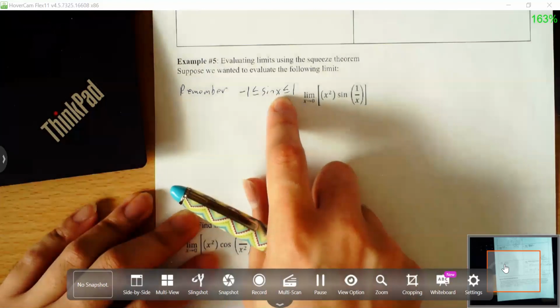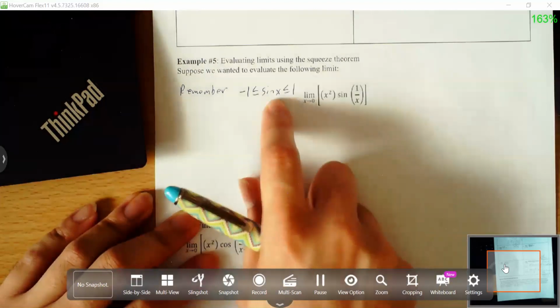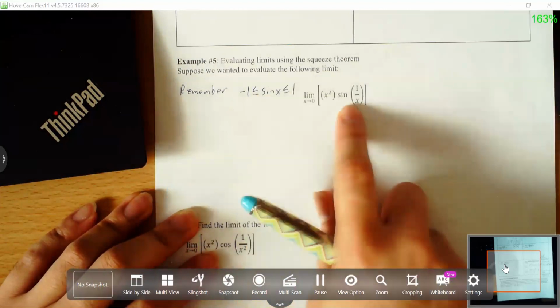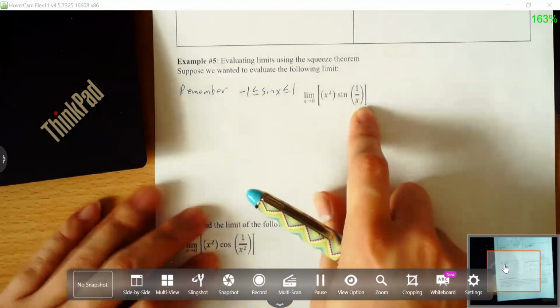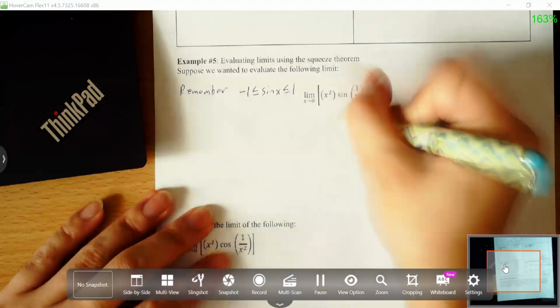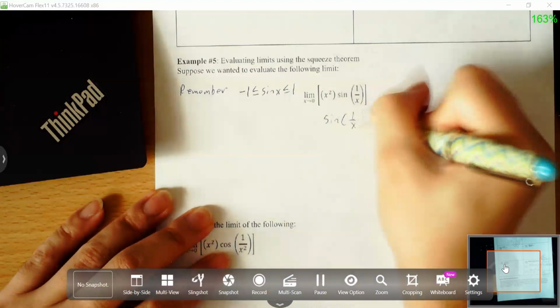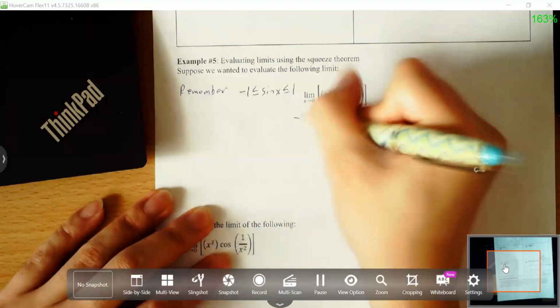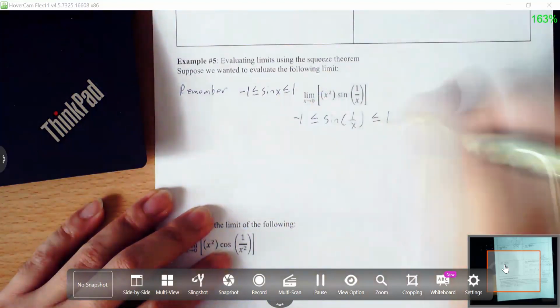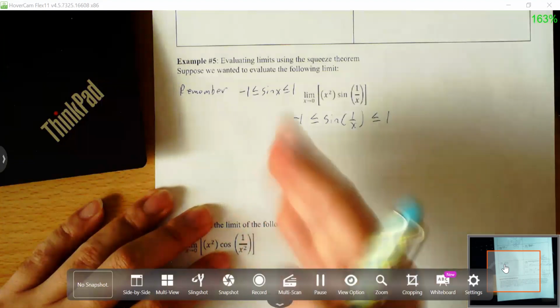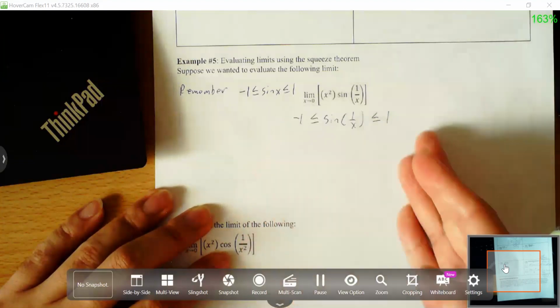Sine of anything has to be between -1 and 1. So here I have sine of 1 over x. So I know that sine of 1 over x has to be between -1 and 1. Because if you take the sine of anything, it has to be between -1 and 1.